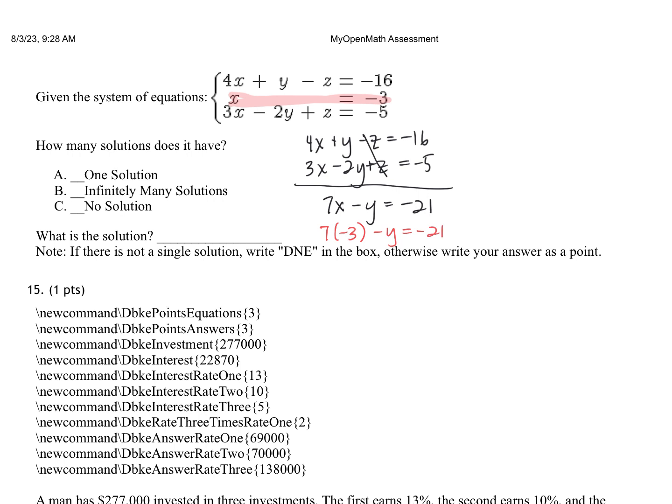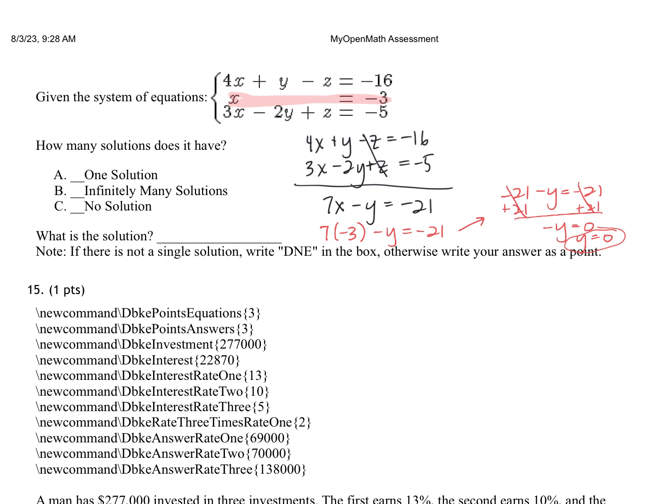So this would be -21 minus y equals -21. If you add 21 to both sides, you see that you get 0. So y is 0.